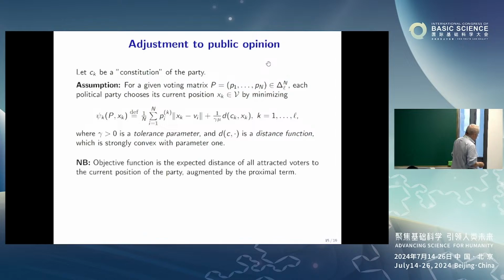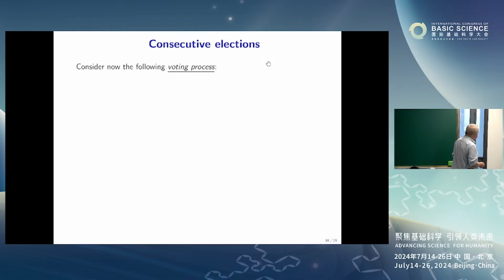The solution of this minimax problem is unique and so on. So now modeling is finished, and we can see the process. What is the position?